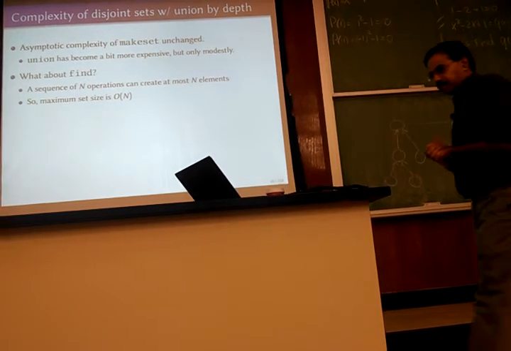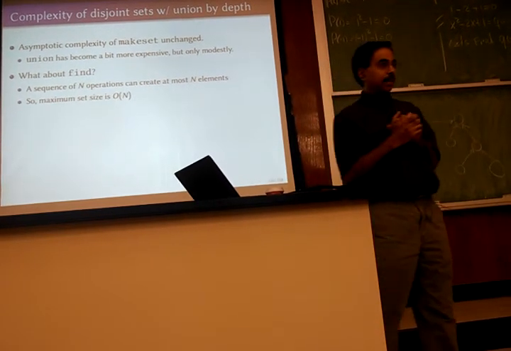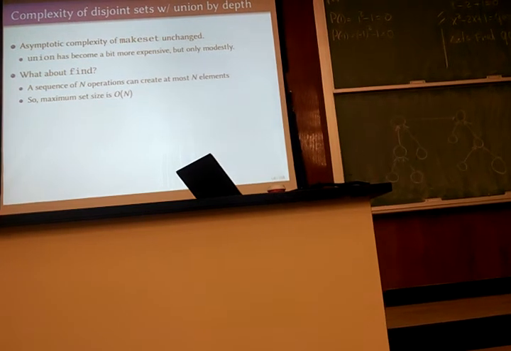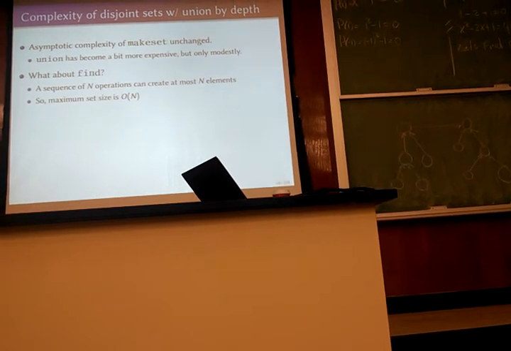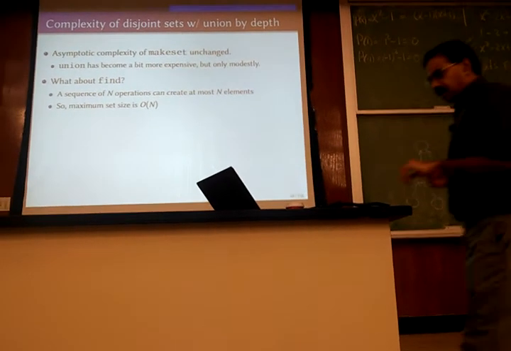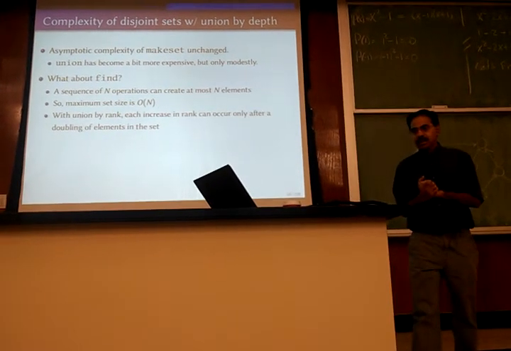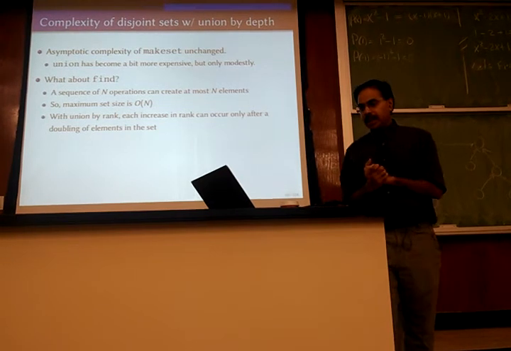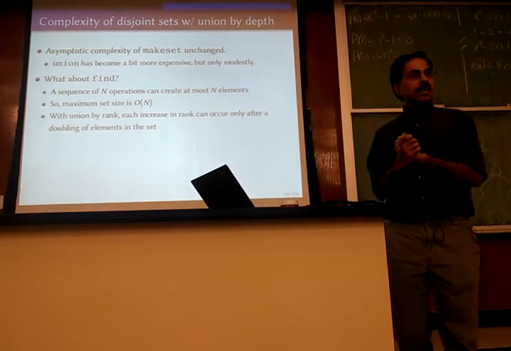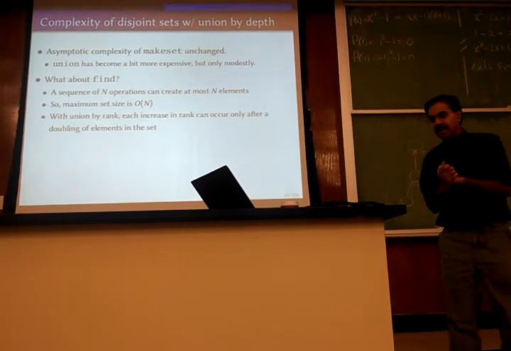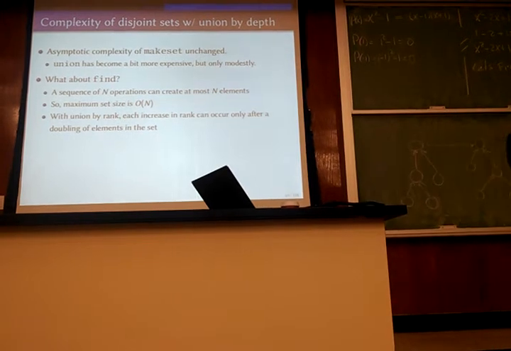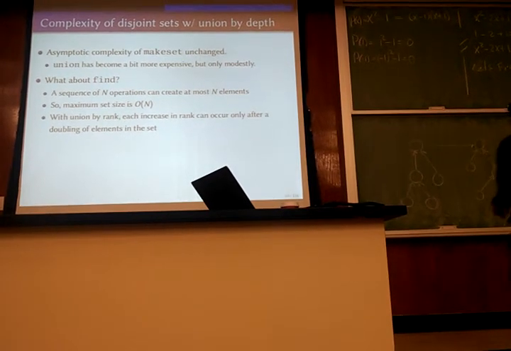So we know that when we do n operations, the size of the set could be larger than order of n, and because of the way we do this union by rank, we can say that each increase in rank can occur only after doubling the elements in the set, right? So that's what we are doing.